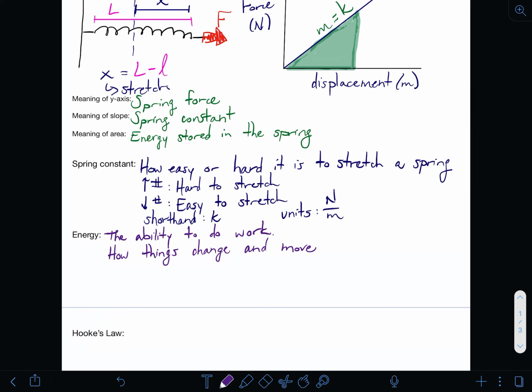Now, that really does bring us to the fact that energy comes in different forms. So how we think about energy stored in a spring is different than how we think about the energy associated with something moving. Okay, so we'll talk about that in section 4.2.